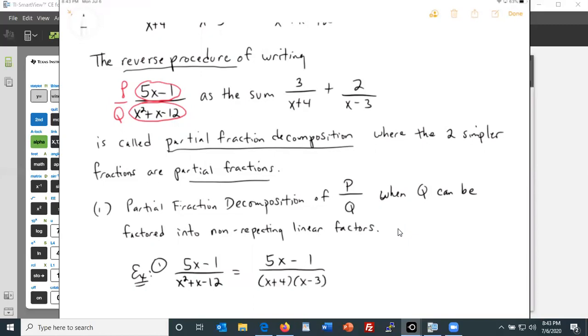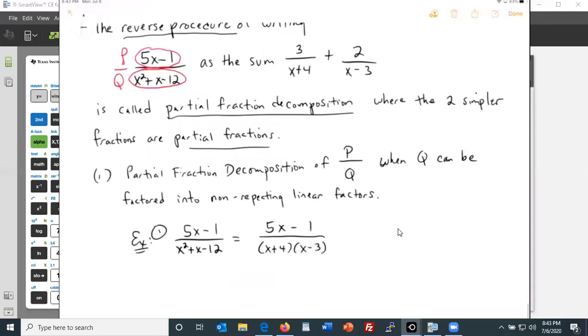These two factors of x plus 4 and x minus 3 are non-repeating because they're different, and they're linear because the degree of each is 1. Right? So x plus 4 is linear because the degree is 1. x minus 3 is linear because the degree is 1. And of course, they're non-repeating.